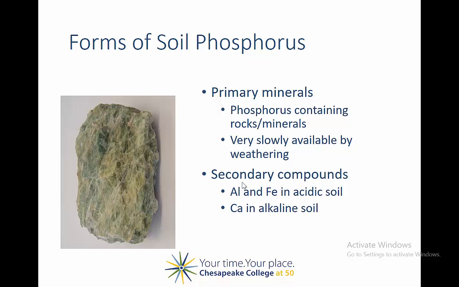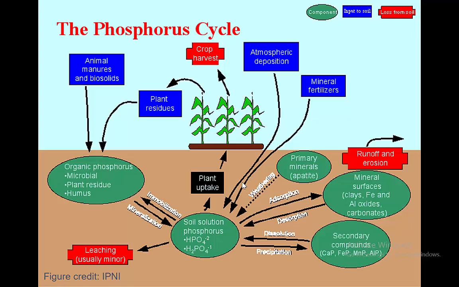It's a very slow process for this phosphorus to become more available into the soil solution phosphorus. So I wish one day when I'm motivated, I'll remake this figure to show that better with these arrows. But the important thing to note is that this phosphorus is being held much more tightly, and it's less available, or it's going to take a long time to become more available to this soil solution pool.